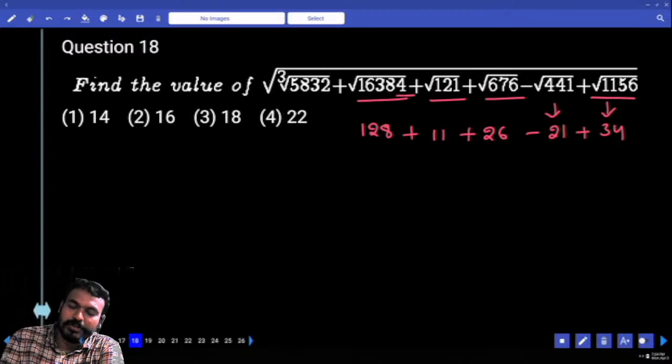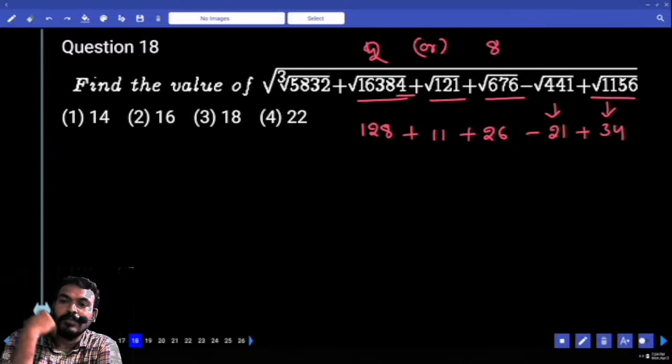What is the units position? 4. The possibility is either 2 or 8. What are the first three digits? 163. What is the 12 square? What is the 13 square? It is near to which one? 13 square, so is 122 possible or 128 possible? 128.